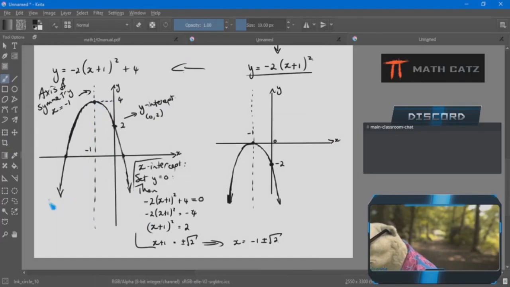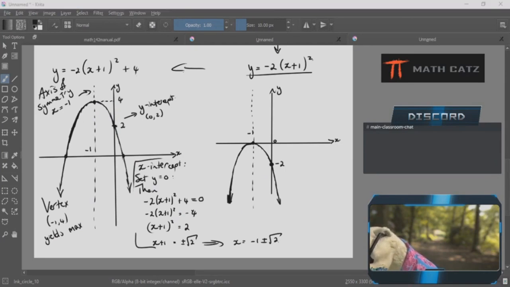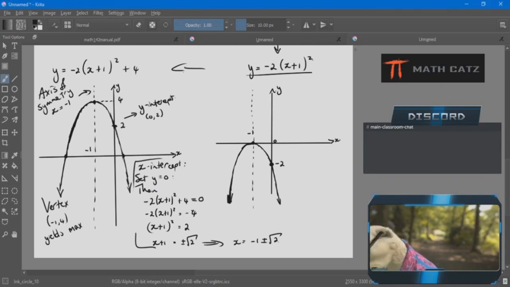Clearly, the vertex is the point (-1, 4), and it yields a maximum because it's the highest y value that I can get. So by looking at the parabola, we see some features of the quadratic function: axis of symmetry, vertex, maximum, minimum. We can find the intercepts. Good to know.